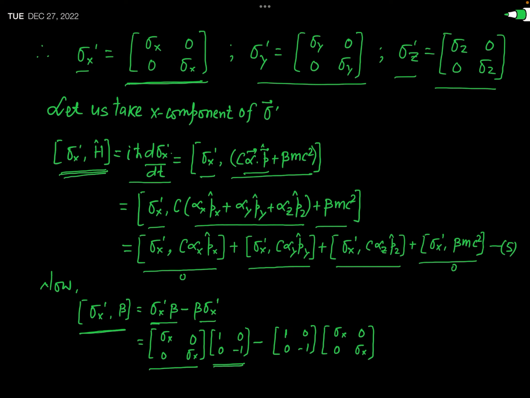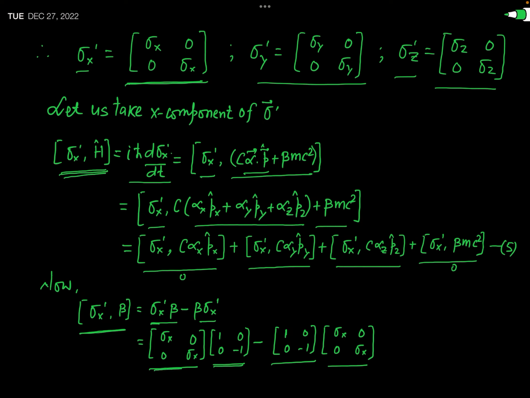Now beta is this matrix 1, 0, 0, minus 1, and sigma x dash is the matrix sigma x, 0, 0, sigma x. This is a very simple 2 by 2 matrix product, and you know very well how to find the product of two matrices.